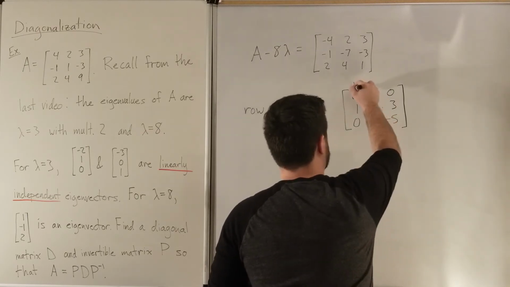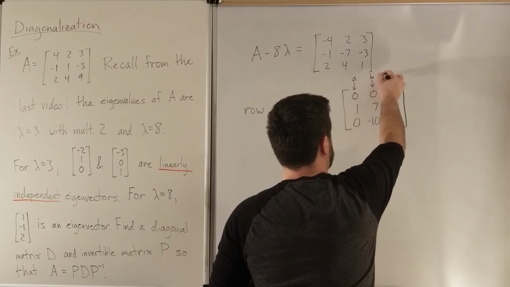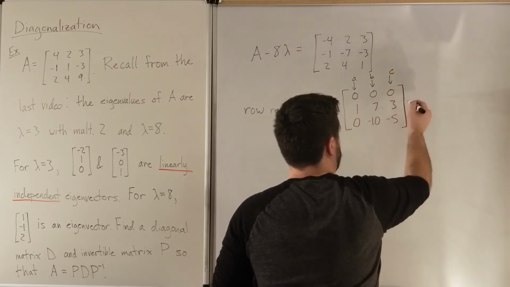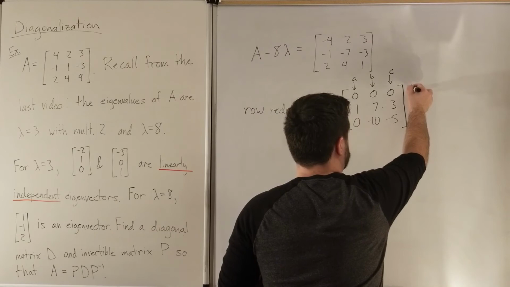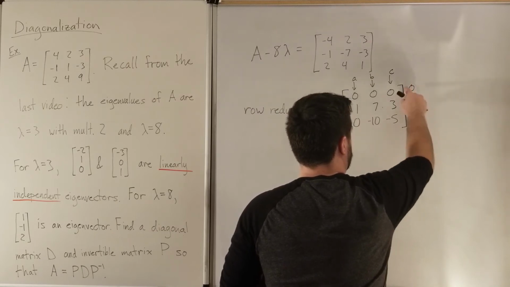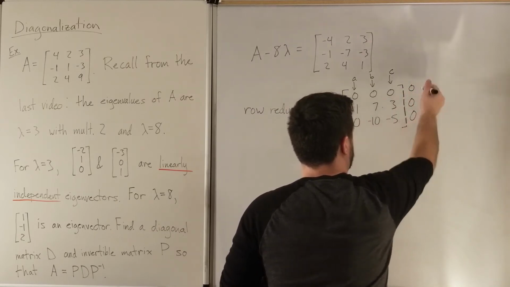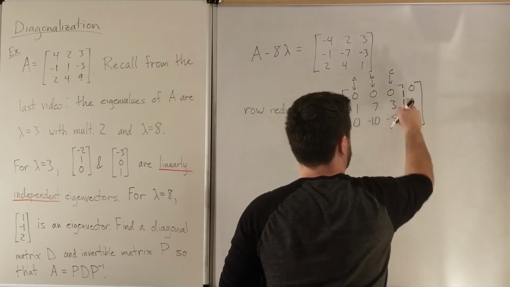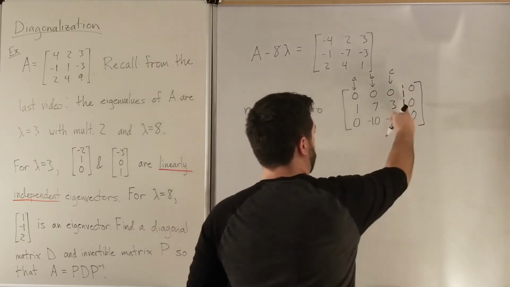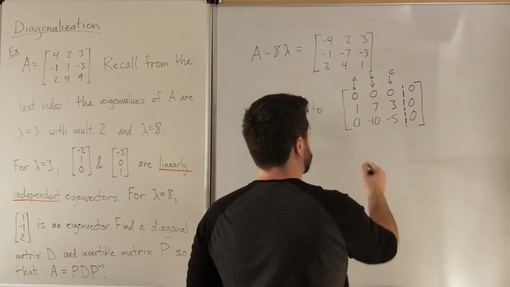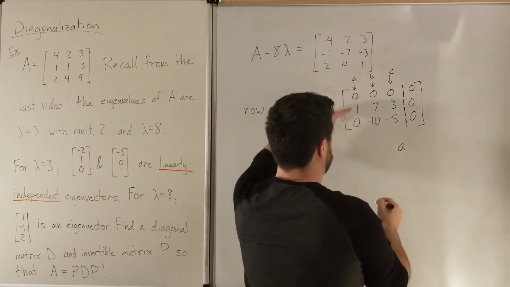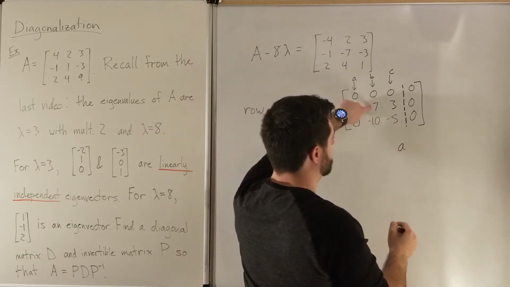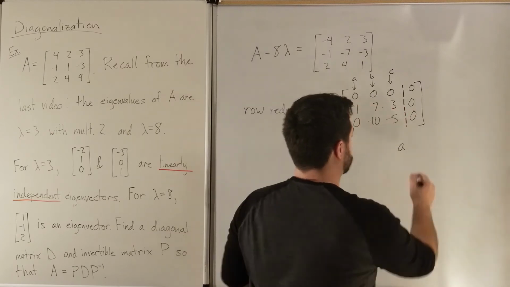So say this is the number of A's, B's, and C's. We're also thinking about this being augmented. And we want to say that this row says A plus 7B plus 3C equals 0.